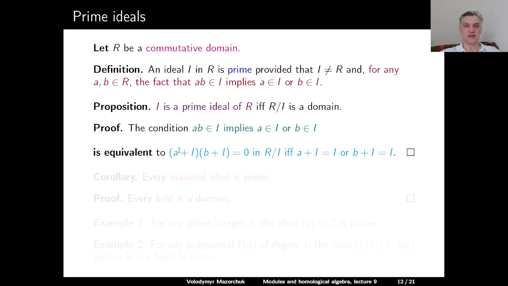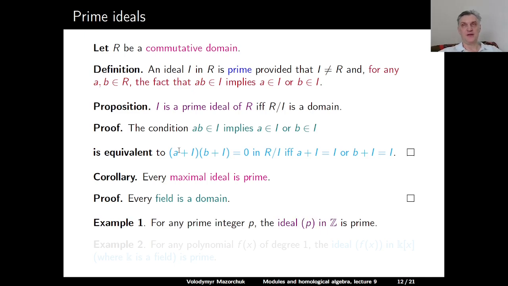So this gives us our proposition. An immediate corollary is that every maximal ideal is prime, and this is because every field is a domain. An ideal is maximal if the quotient is a field. An ideal is prime if the quotient is a domain. Since any field is a domain, any maximal ideal is prime.